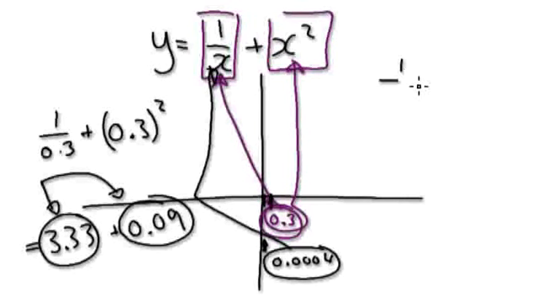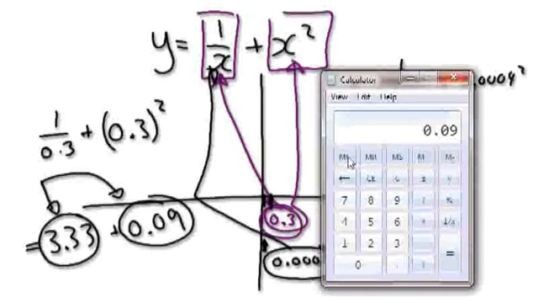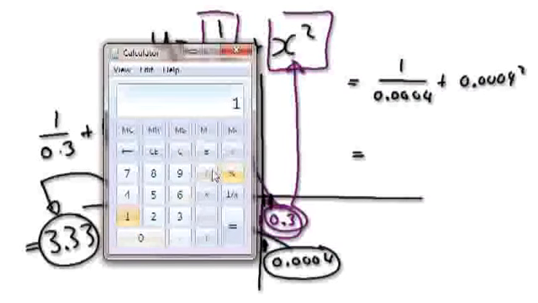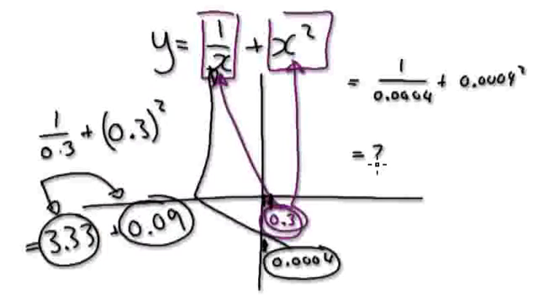So we will have 1 over 0.0004 plus 0.0004 squared. The y value here will become, on the calculator, 1 divided by 0.0004 equals 2,500.